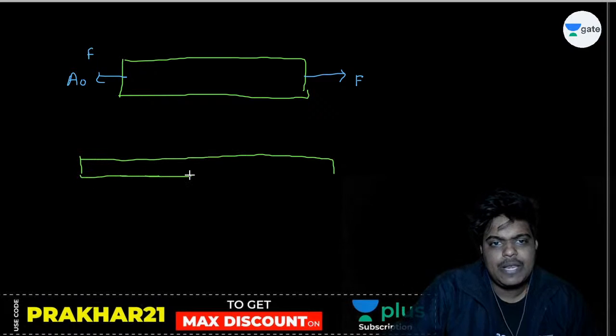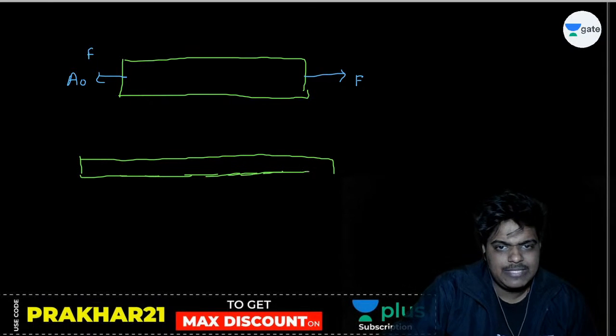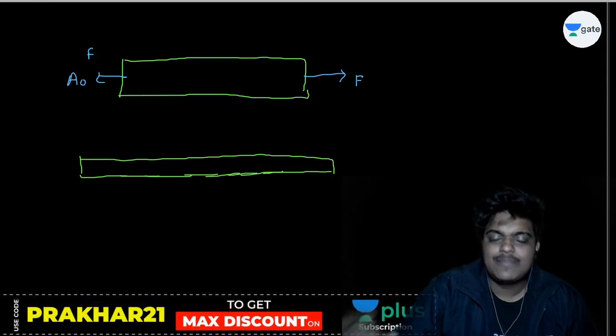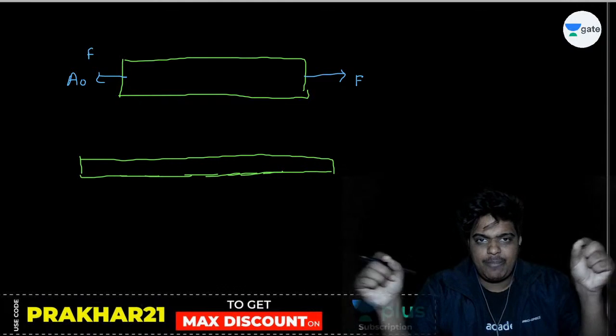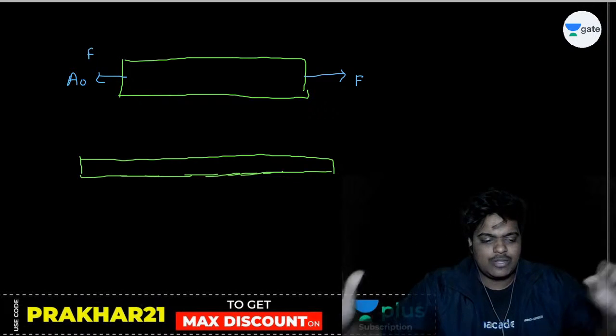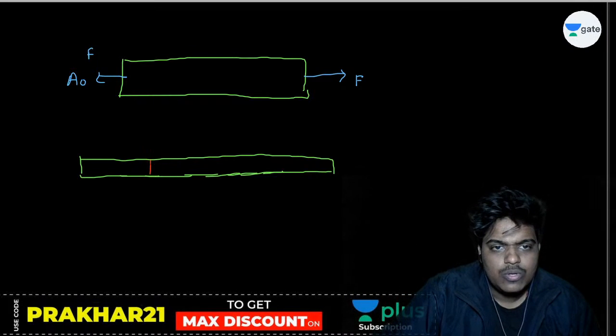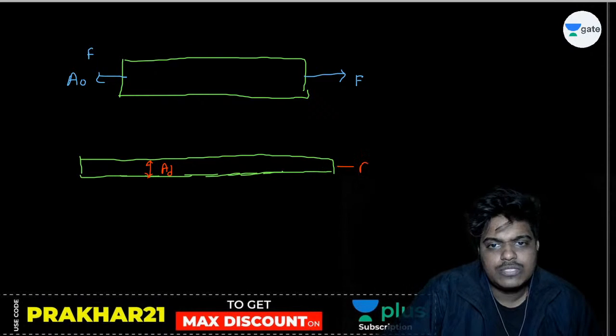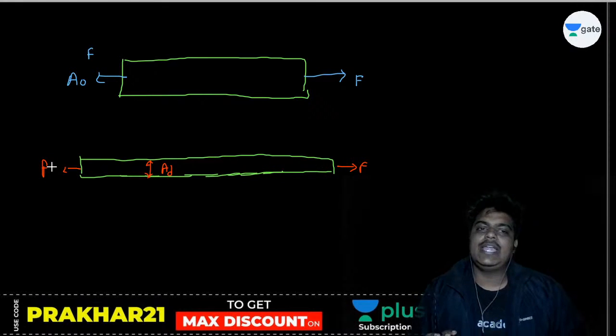Obviously, if I am pulling it, the volume remains the same. Whatever the material, if I am pulling, the area will decrease and the length will increase. Yes or no? So this is your final area, and this is your force F.